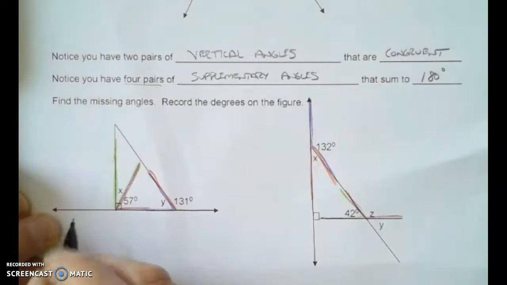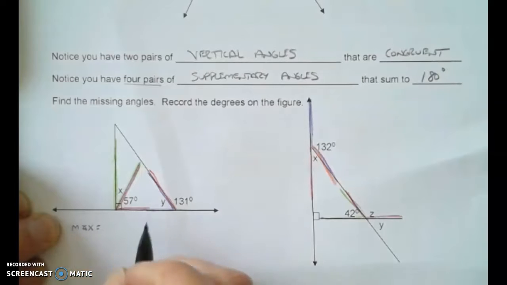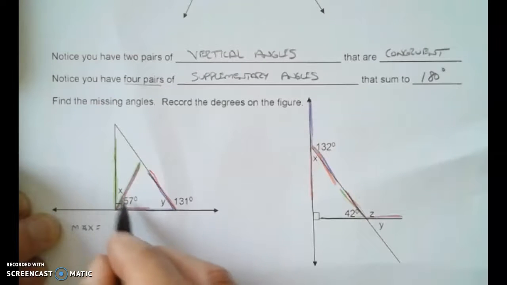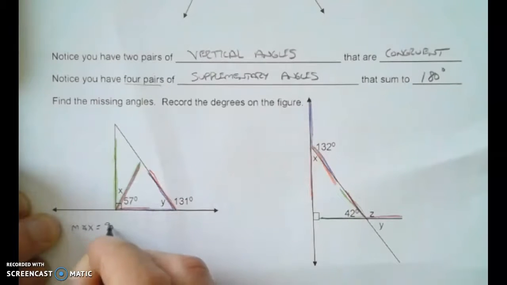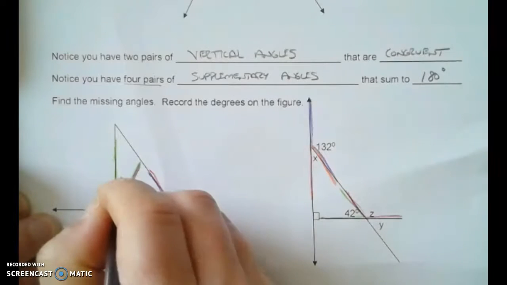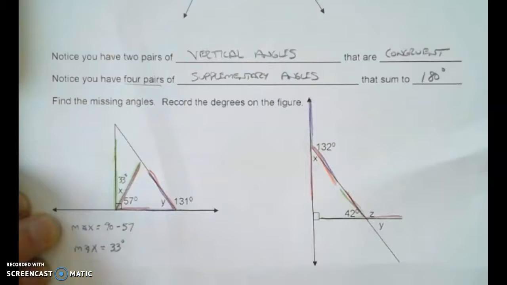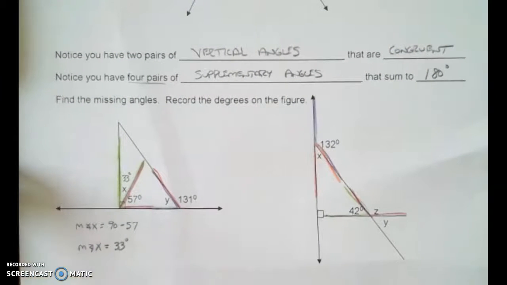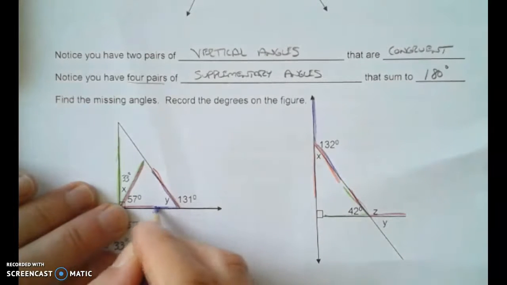So to get the measure of angle X, all we have to do, because they make a right angle, they add up to 90 degrees, take 90 and subtract off 57, and that'll give you the measure of angle X. This means that the measure of angle X must be 33 degrees. This is a 33-degree angle.